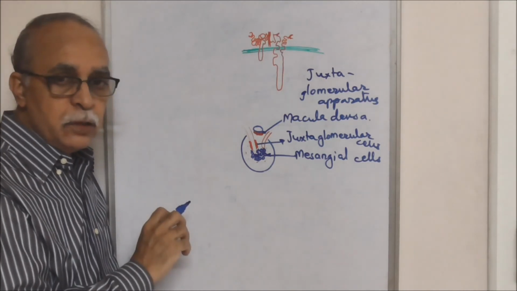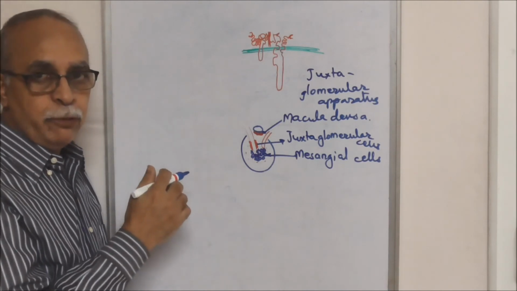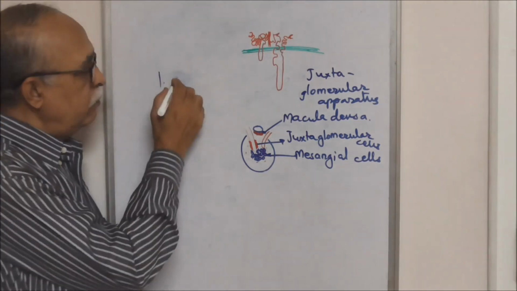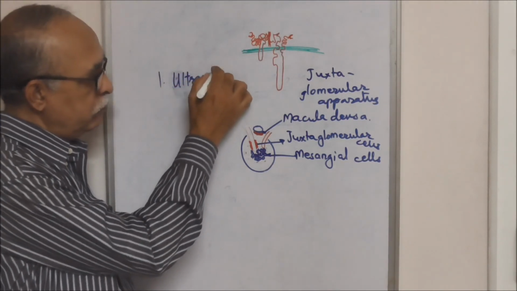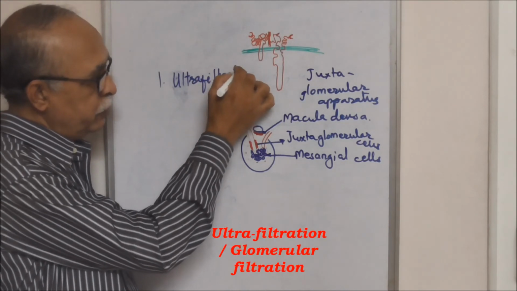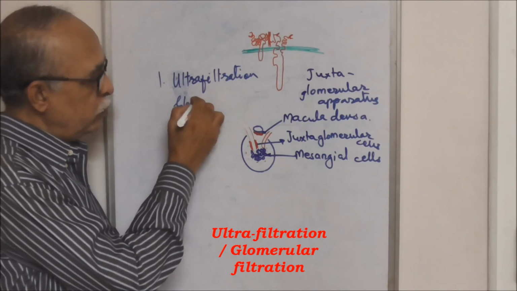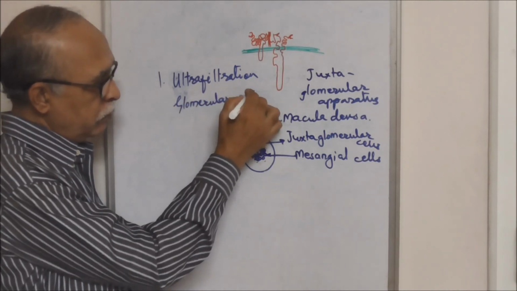Now urine formation, when I say, I am referring to a three-step process. The first one is called ultrafiltration, or it is also called glomerular filtration.